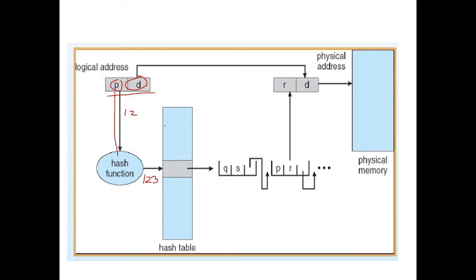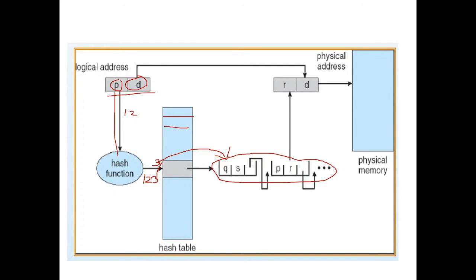So for the unique value, suppose it is 3, that entry will be searched in the hash table, and there you can find the data arranged in a linked list form. So this 3 will be compared with the linked list for whichever it matches.